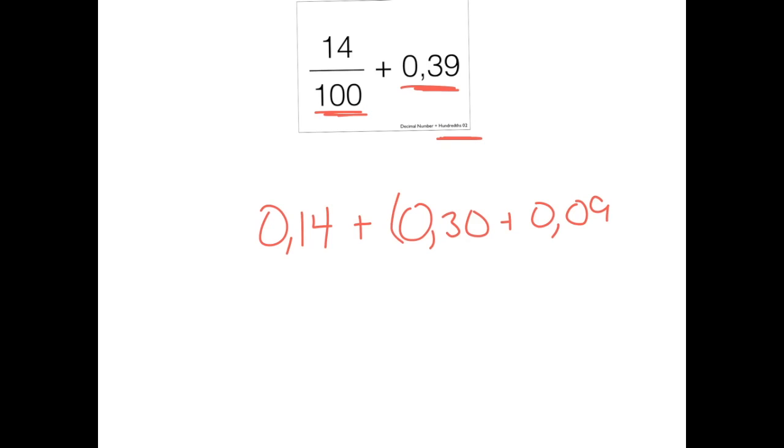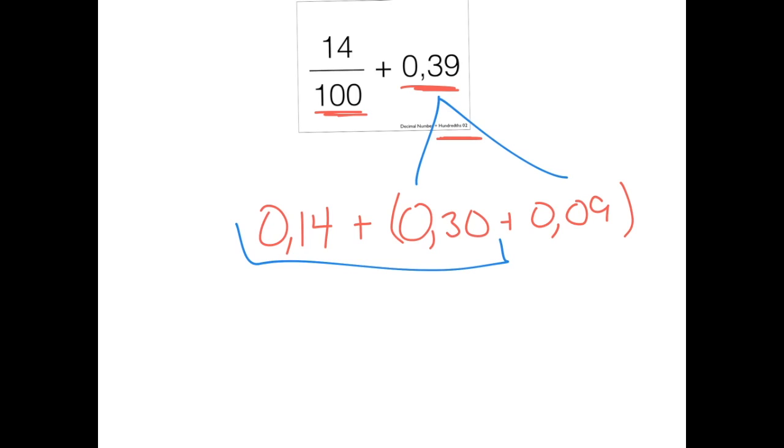So in this case, the way that I'm going to think about it is 14 hundredths plus 30 hundredths plus 9 hundredths. So essentially all I've done is taken my 39 hundredths and partitioned it into some smaller parts.